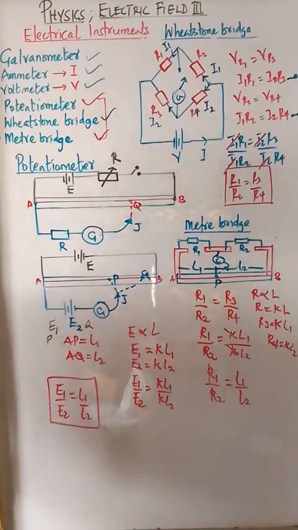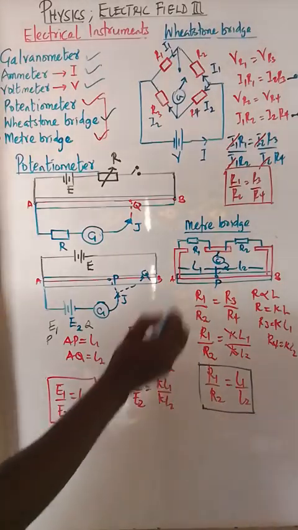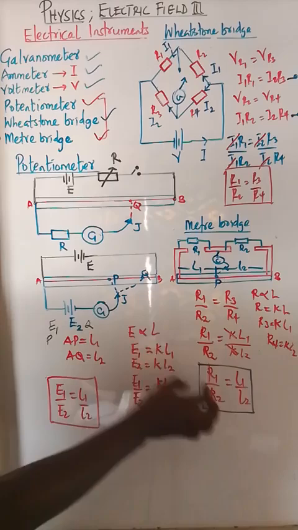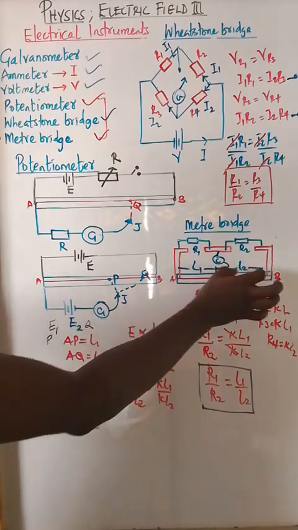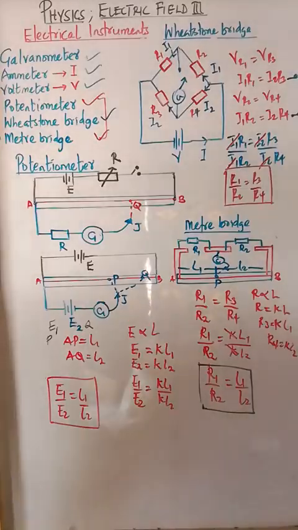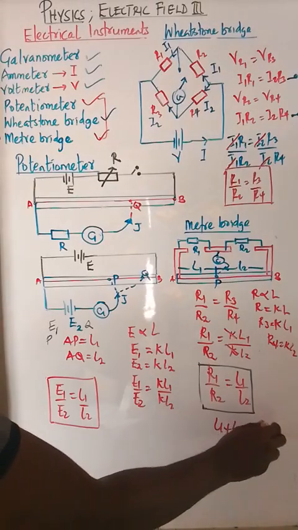So for a meter bridge, let's suppose R1 is unknown and R2 is known. We only need to know the value of L1 and L2. We know that from A to B is 100 centimeters, so L1 plus L2 equals 100 centimeters.